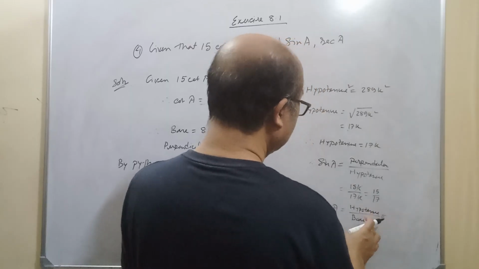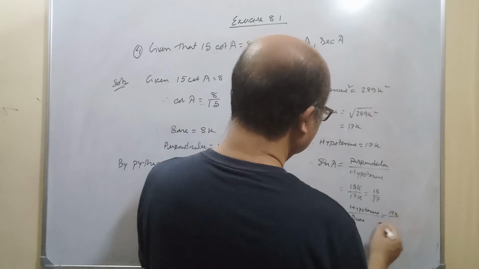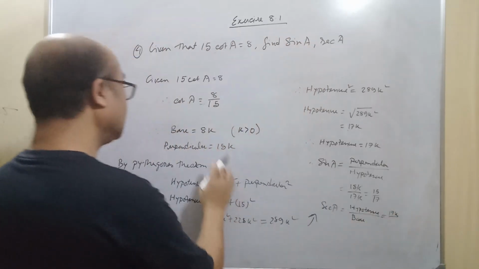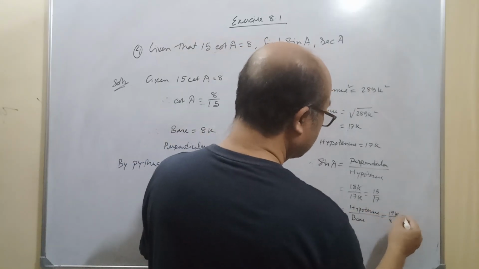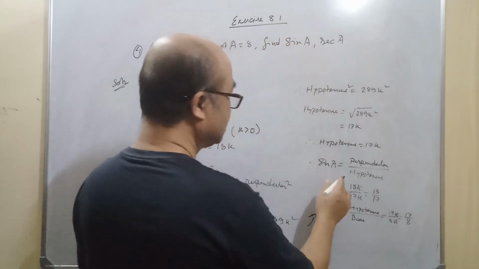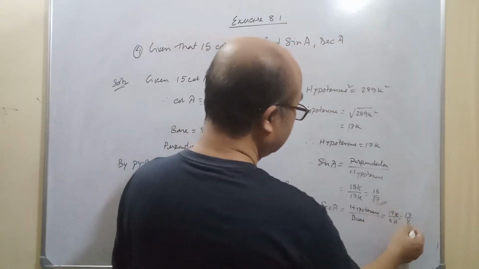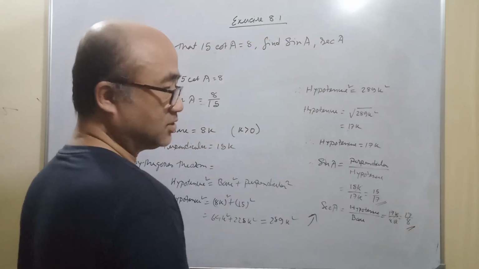And what is that? Hypotenuse is 17k, and what is base? It is 8k. This cancels out, it is 17 by 8. Hence sin A is 15 by 17, sec A is 17 by 8, and that is your answer.